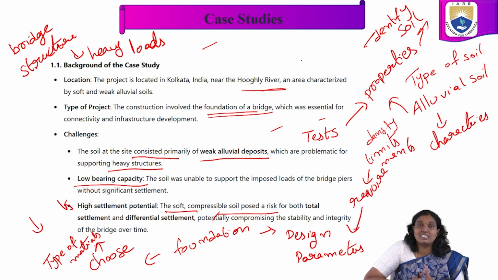The soil at this site consists primarily of weak alluvial deposits, which are problematic for supporting heavy structures. According to that, we are going to choose the ground improvement technique. Why did we choose that location only? Why can't we go for another location?